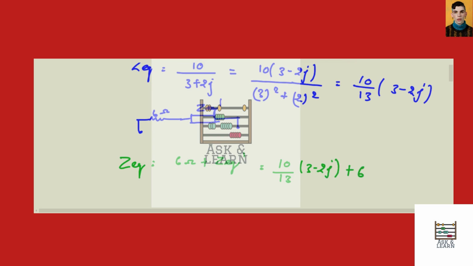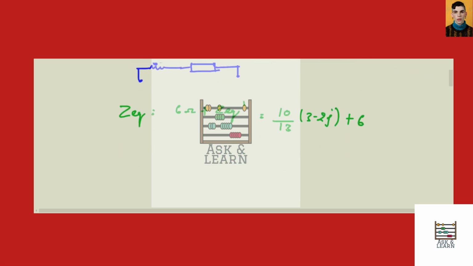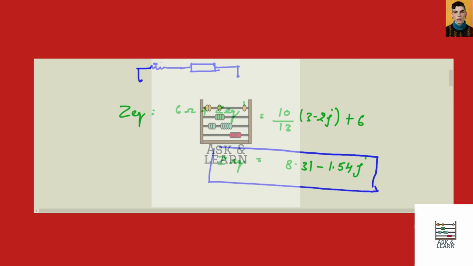If you simplify, you will finally get the value of Z equivalent as 8.31 minus 1.54J. This is the final answer.